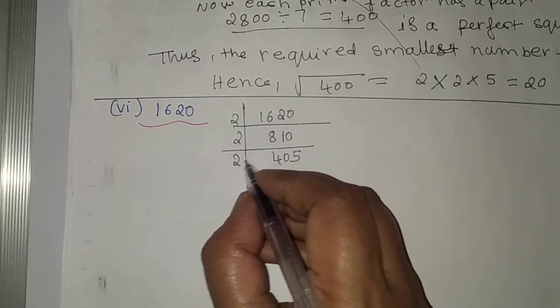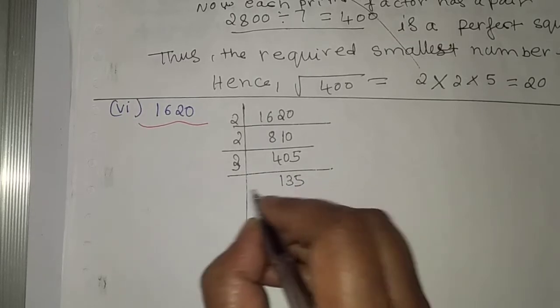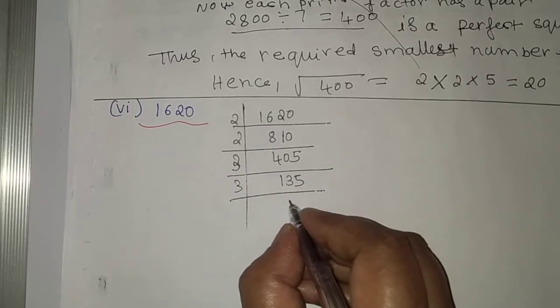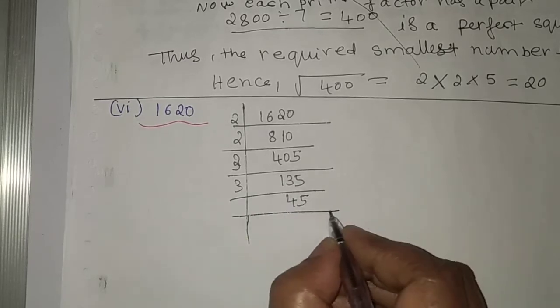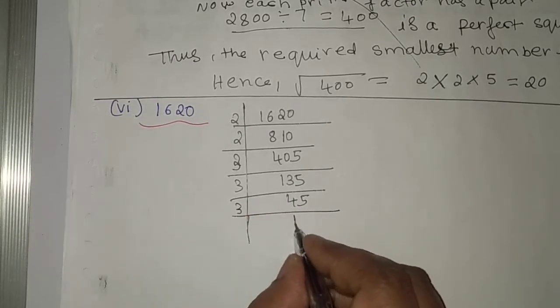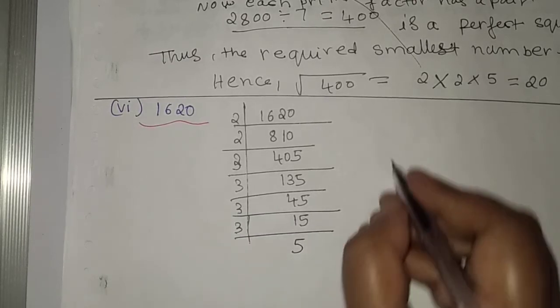Again, here we'll take 3, 135s, again 3 we'll take, then this will be 45, again we'll take 3, this will be 15s, then 3 again we'll take, this ends with 5.